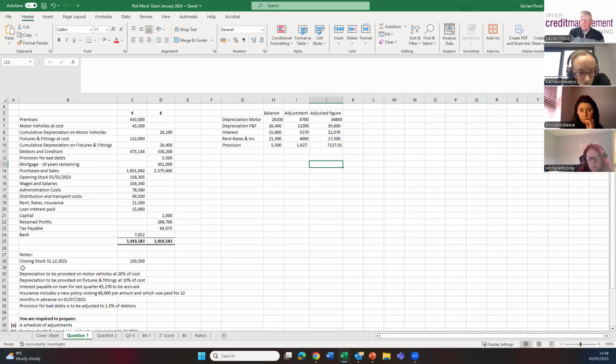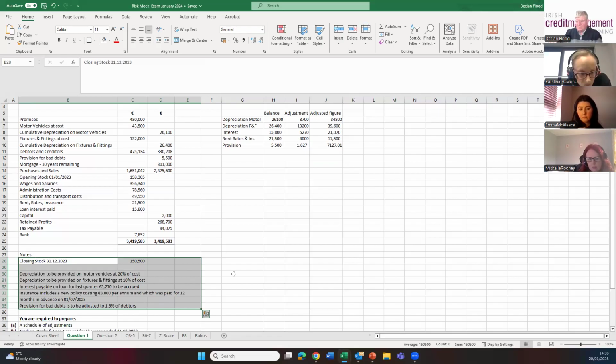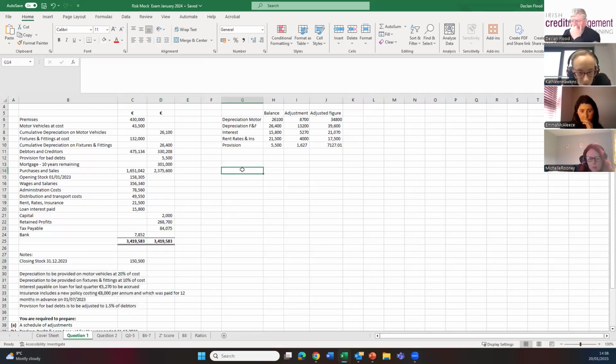The other thing to know is that anything that's down here has to go in twice. It goes into the P&L account as an expense for the year, and it also goes into the balance sheet as well. So we're ready to go. We've done our adjustments, so now we have to move on to our P&L account.